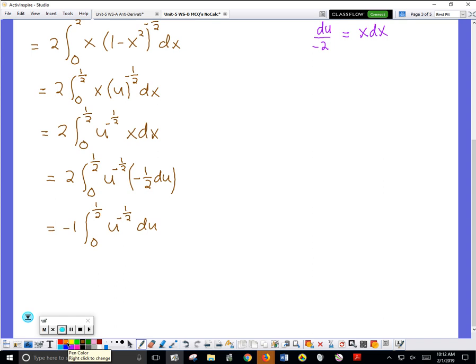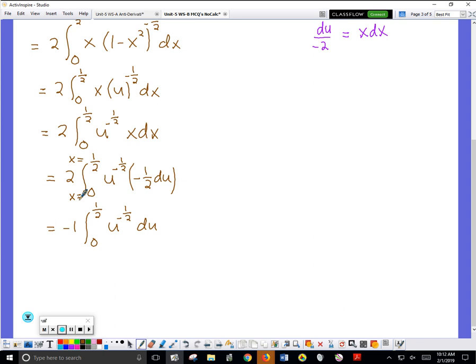If you remember back to when we first started talking about integrals, I would always write this to remind you that those are x values. Well, we are trying to convert everything to u values. So I don't want x's here. It's not legal. They need to be values of u.